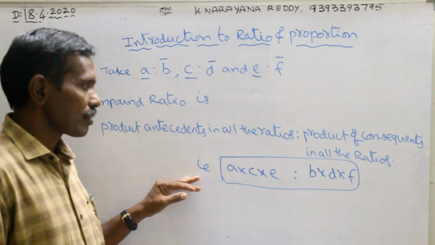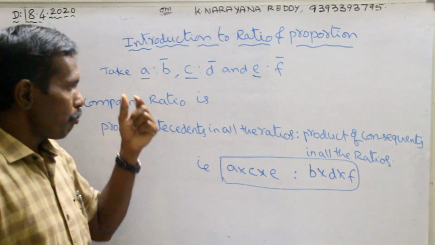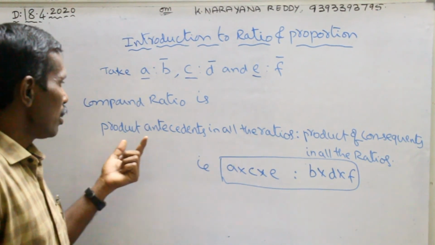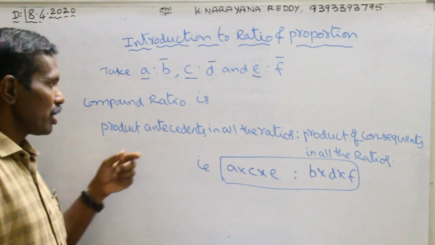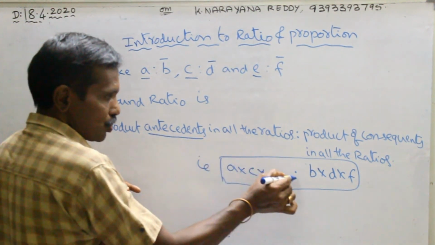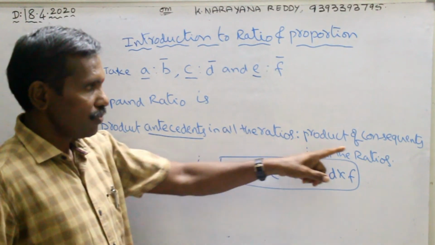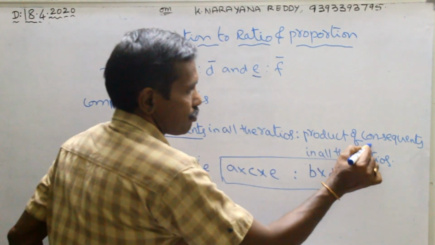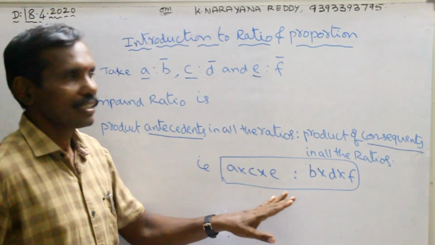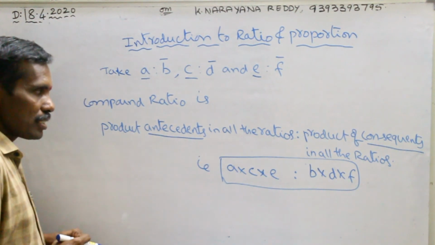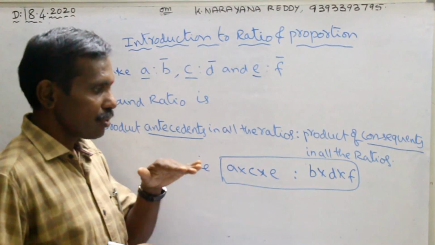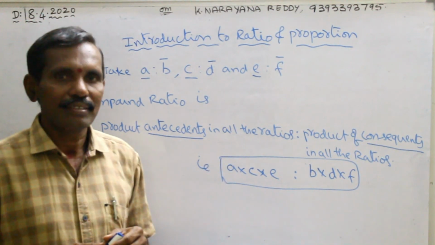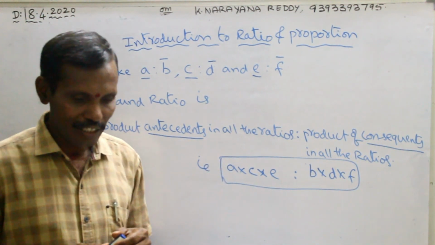Okay guys, see here. Product of antecedents in all the ratios is to product of consequents in all the ratios. That's all. Antecedents means pre, consequent means post. That's all. This is simple introduction about ratios.